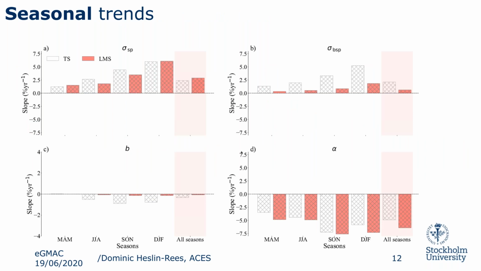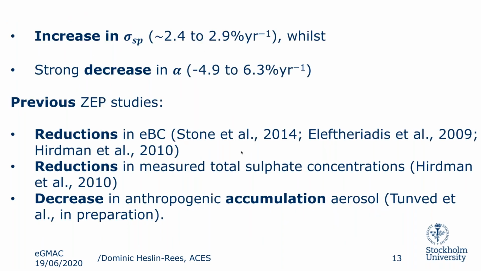Having a look at the seasonal trends, this is the relative increase, and we see larger trends in autumn and winter in the scattering coefficients, and then the largest reduction in the autumn for the Ångström exponent. So just to summarize, we've got increases in the scattering coefficient and a strong decrease in the Ångström exponent.